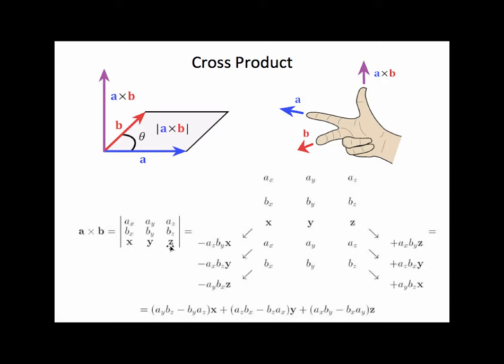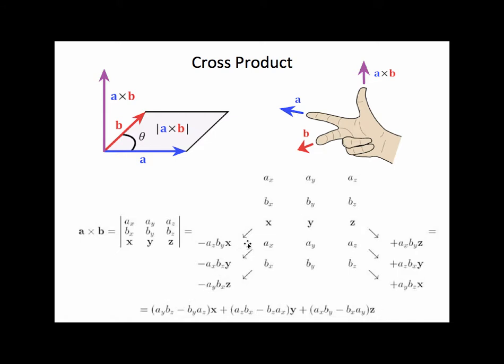And the components of the A cross B vector, the purple vector, are then given by this complex term at the bottom here: AYBZ minus BYAZ in the X direction, AZBX minus BZAX in the Y direction, AXBY minus BXAY in the Z direction.